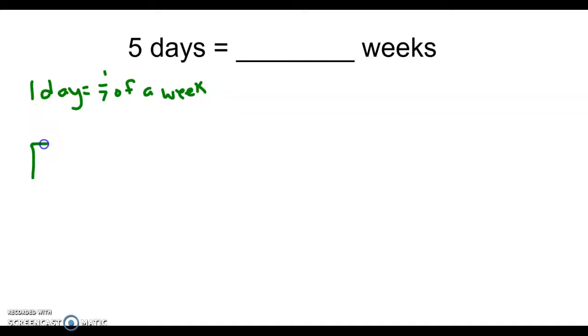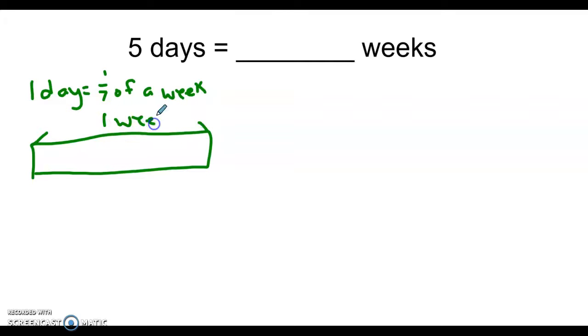If I drew this in a picture form, as you know I love to make, I need a week. 1 week. And in a week, there's 7 days, so I'm going to break this up into 7 pieces or 6 lines. There's 2, 3, 4, 5, 6. 1, 2, 3, 4, 5, 6, 7. I got them all. And I can show here that I have just one day.